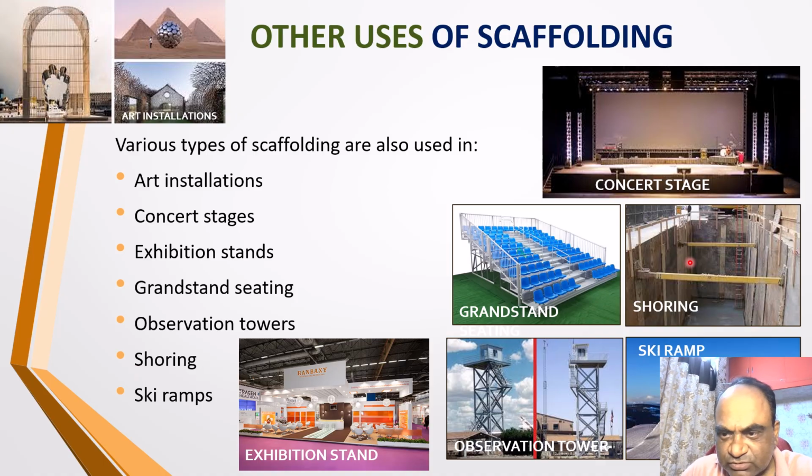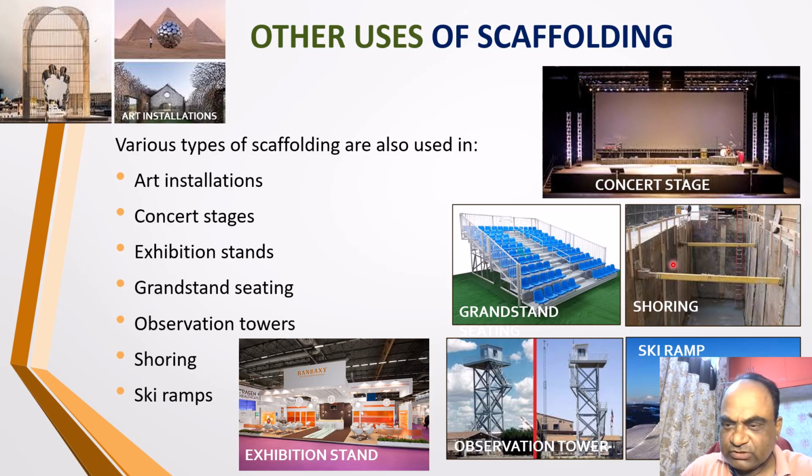Shoring is shown in this picture. I'm sorry, it is not sorting, it is shoring. Shoring is done basically to avoid the collapse of the land. There is a trench dug here, and the walls of the trench may collapse because of rain or some other reason.